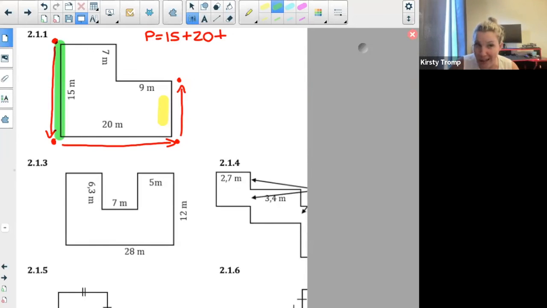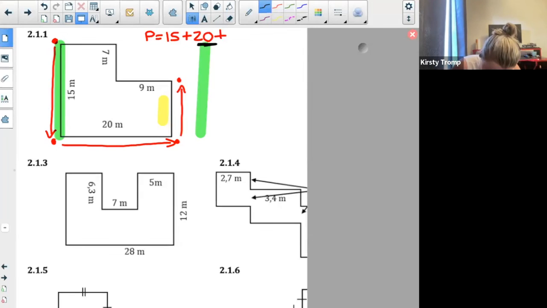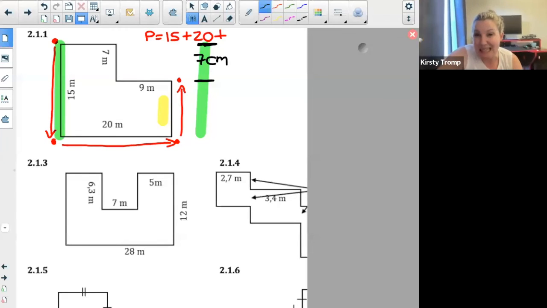So that means on this side, the whole line will be equal to 15. From this point, the top, to this point, they're telling us that this part of the line equals 7 centimeters. So how do I work out the bottom part? I'm going to say 15 minus 7.